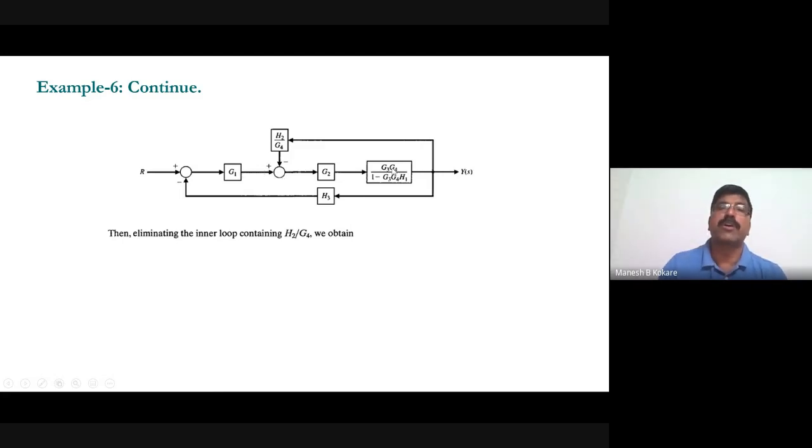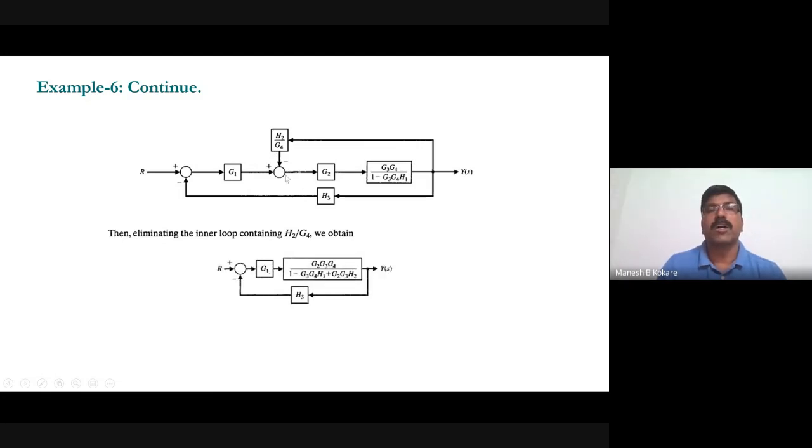See that after eliminating this situation, after elimination of this one, you get g2, g3, g4 divided by 1 minus g3, g4, h1. So this will be the transfer function of this block, and then after elimination of this loop, you will get this transfer function g2, g3, g4 divided by 1 minus g3, g4, h1 plus g2, g3, h2.